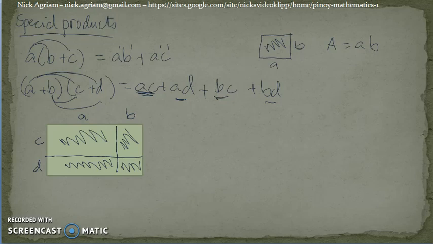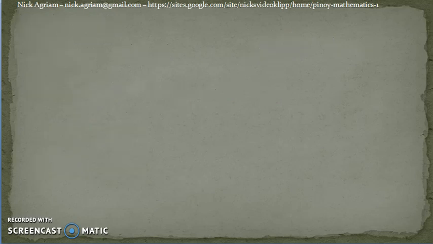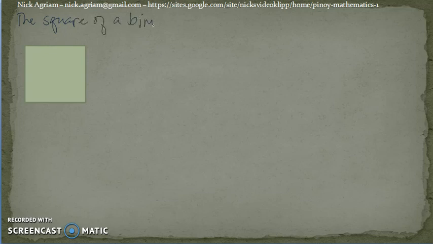Remember that. Kasi kailangan nyo yan sa special products. Okay, let's see if we can take some special products now. The first special product that we're going to discuss is the square of a binomial. As you can see, I have a figure here. The side is A. So the area is A multiplied by A, or A squared.